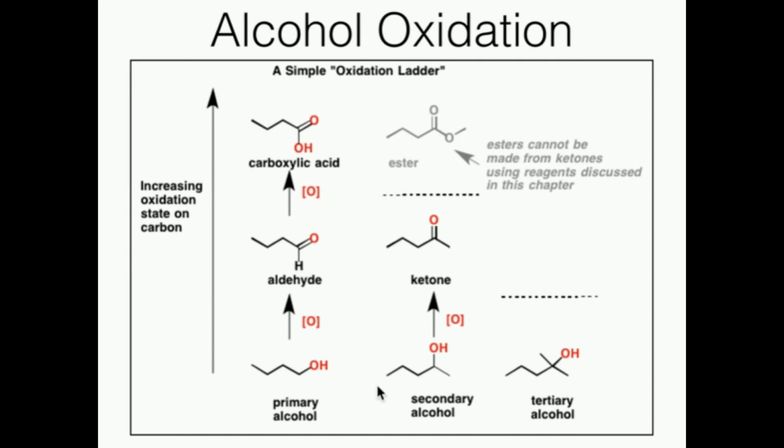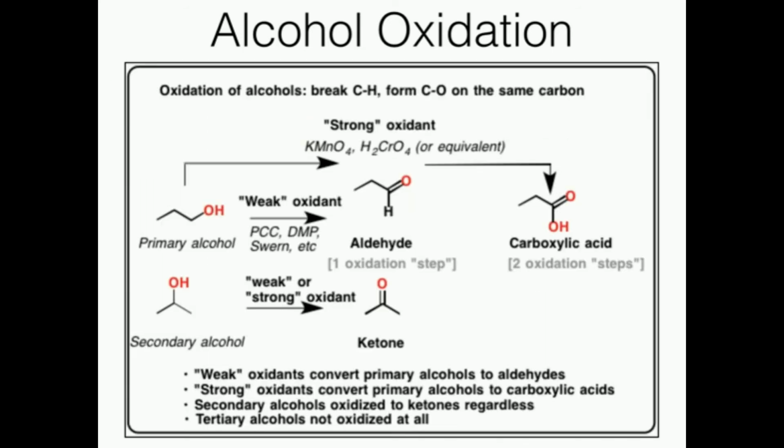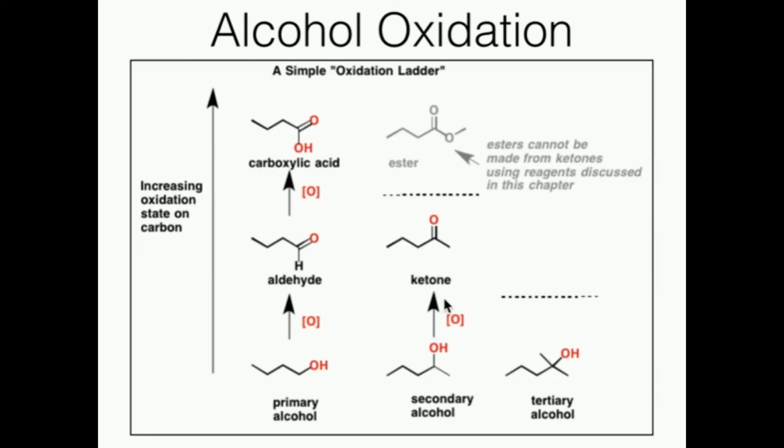Okay? If we're dealing with a secondary alcohol, it does not matter whether we're dealing with a weak or strong oxidant. In other words, with a secondary alcohol, we could be dealing with a strong oxidant such as chromic acid or PCC. It does not matter. We'll always get a ketone when we do that reaction. Okay?